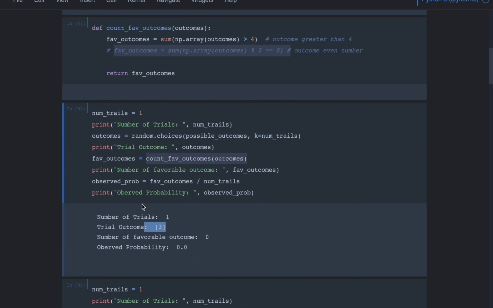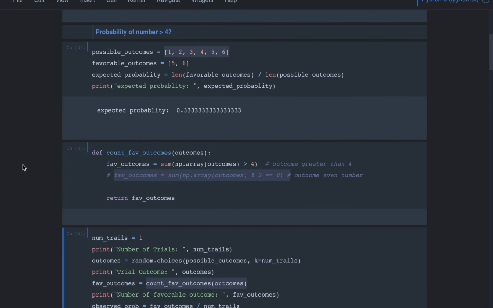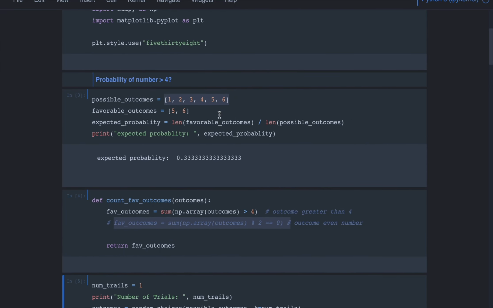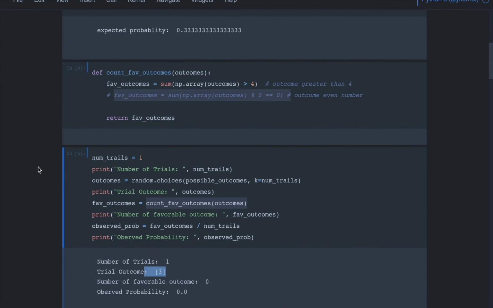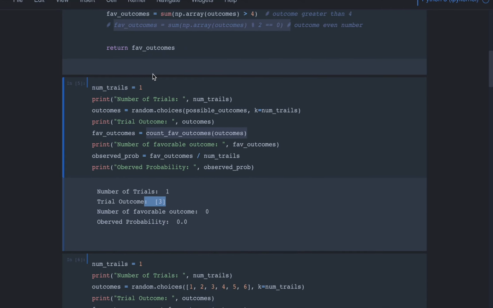This means the observed probability is also 0. But we know this is not correct, right? When we roll a dice, surely we can get a number greater than 4, because it has 5 and 6 as well. But here we have conducted the experiment only once, and we got the number 3.